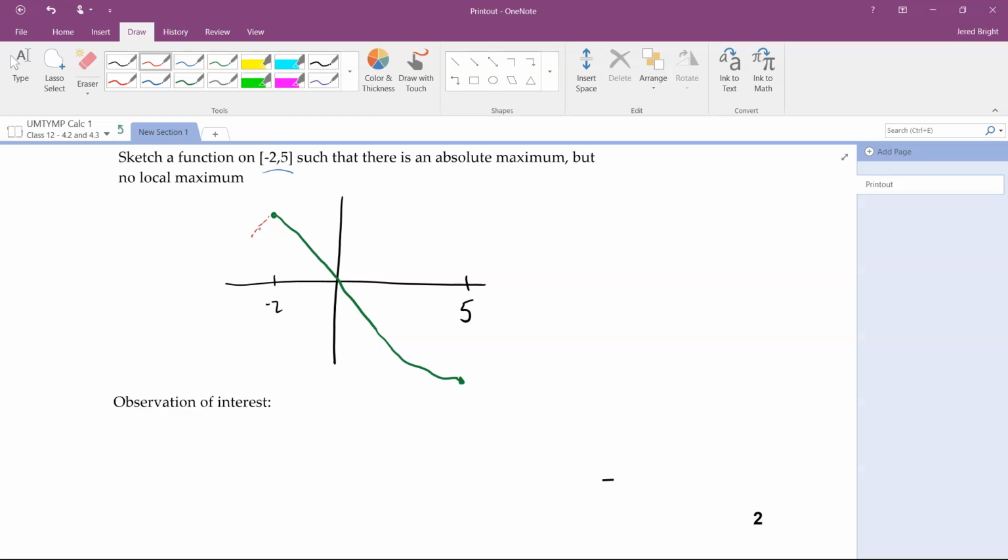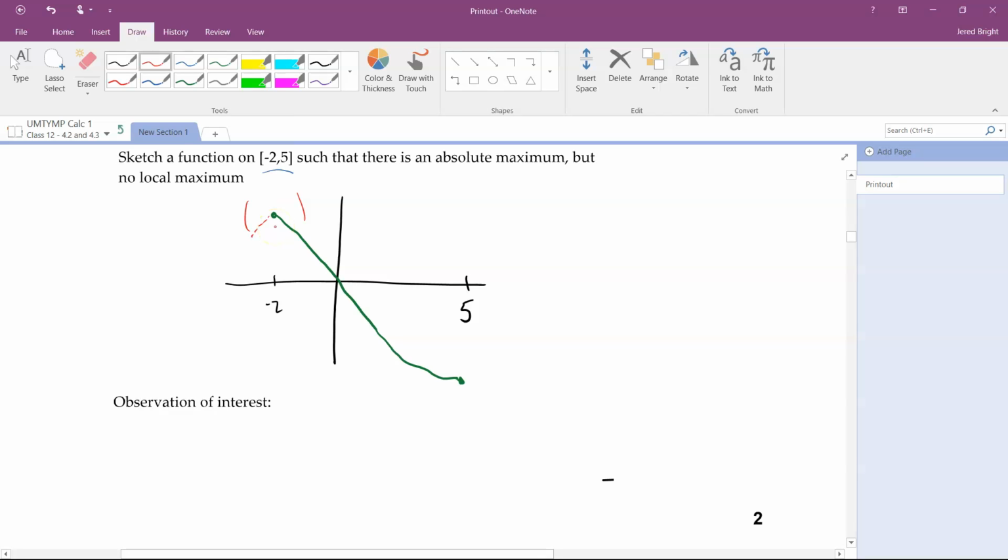In this course, we're going to take the perspective that no, you can't, because in order to have a maximum, you need the function defined around the point, so the function has to exist on both the left and the right. Here in my example, since it does not exist on the left, there's no local maximum, but it is still the highest y value we obtain in this region, so this is an absolute max, but not a local max.